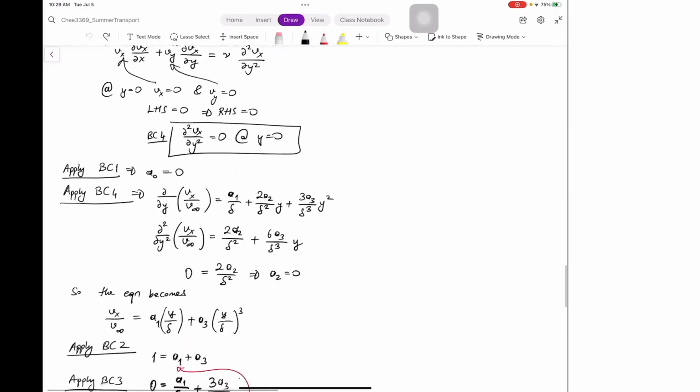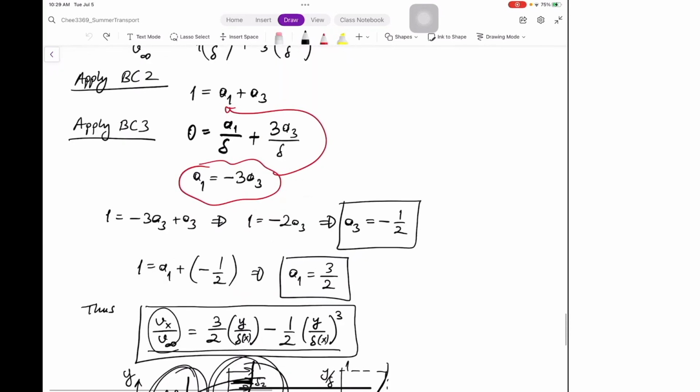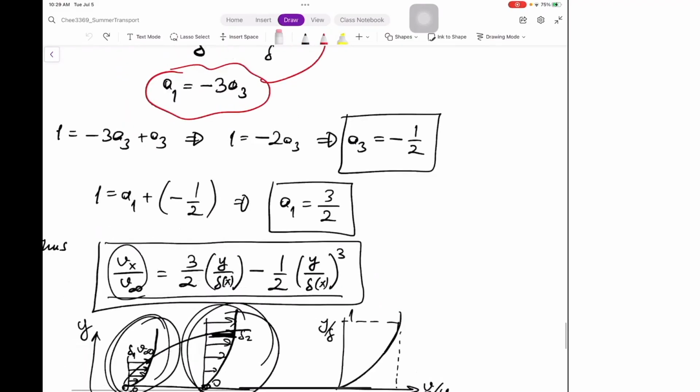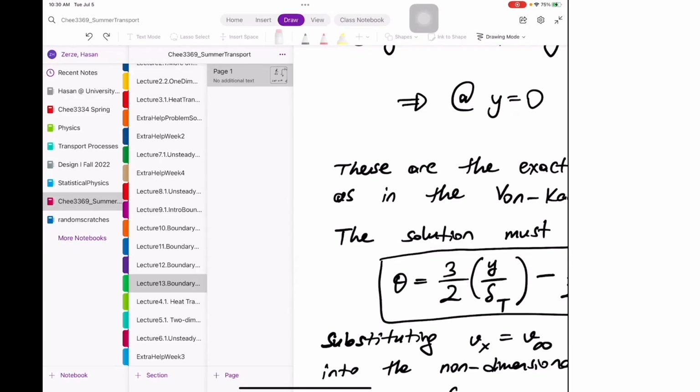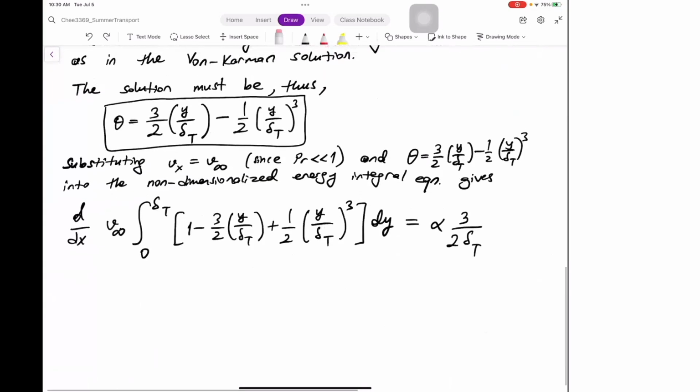We applied these boundary conditions and found these A1 and A3, and A0 and A2 were 0. Let me know if you think there are any differences between this and that, so that we need to redo it. It's exactly the same analysis, so you should get exactly the same A1 and A3.